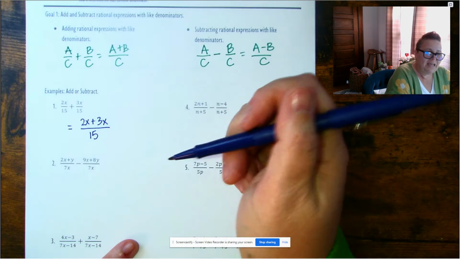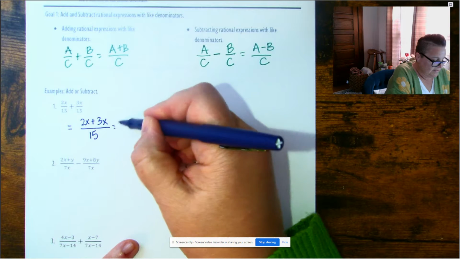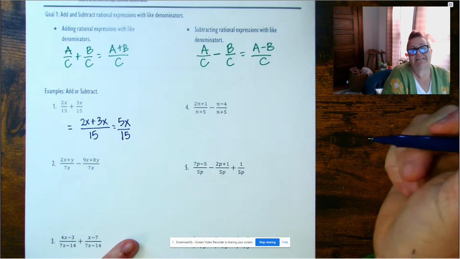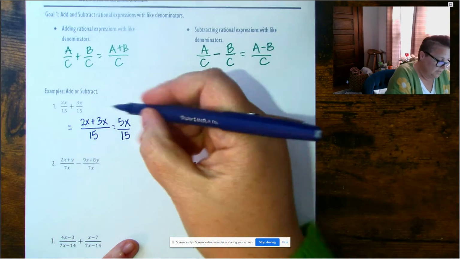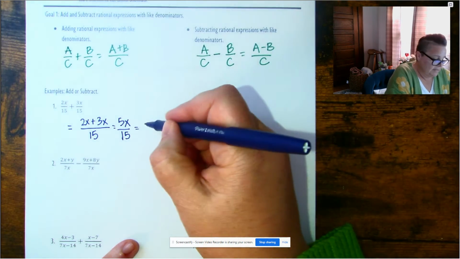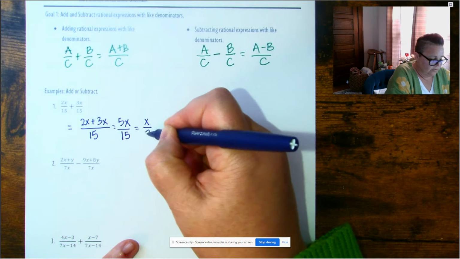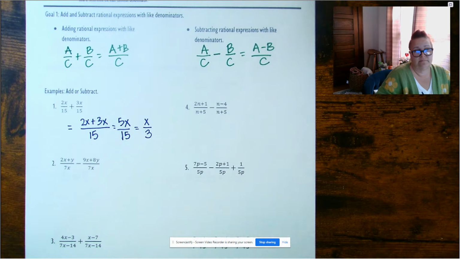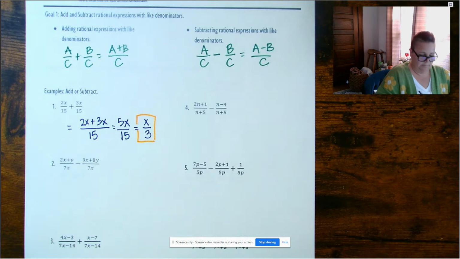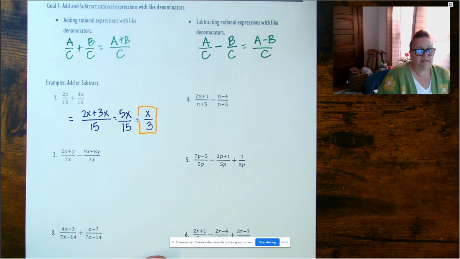So 2x plus 3x over 15. So that's going to be 5x over 15. We do want to check and see if anything will cancel. So this would cancel. The 5 and the 15 would cancel, leaving us with x over 3. First one, done.